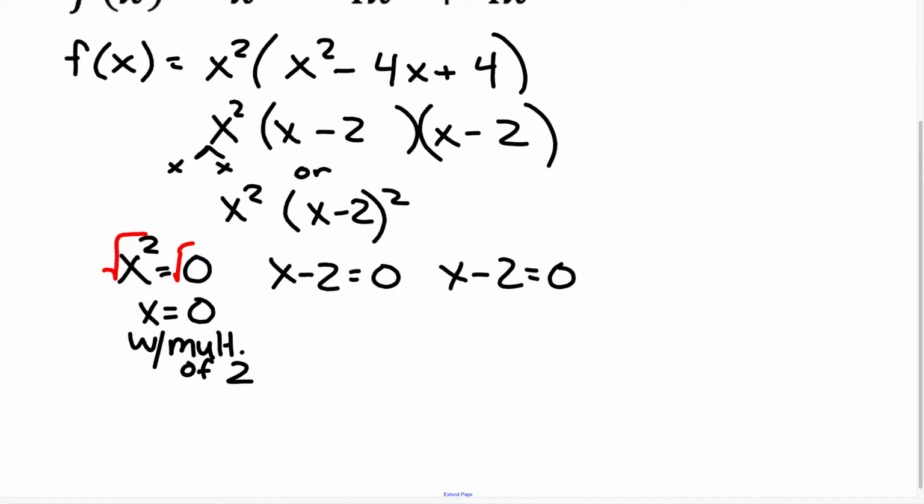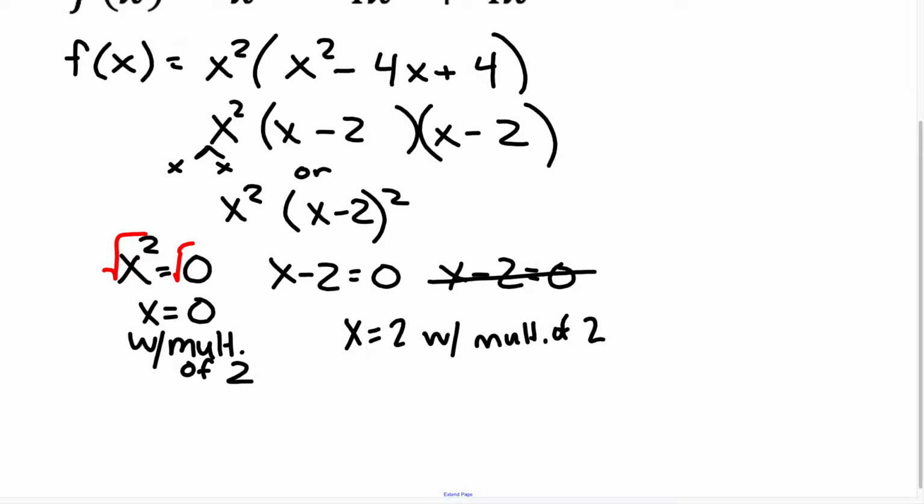On the other two, of course, I would set it equal to 0, and aren't I going to get the same answer for both of those? Like they're both going to be x equals 2. So I'm really only going to solve one of them and say this is x equals 2 with multiplicity of 2. And again, I could have just set these equal to 0 and said that their multiplicity matched their exponent.